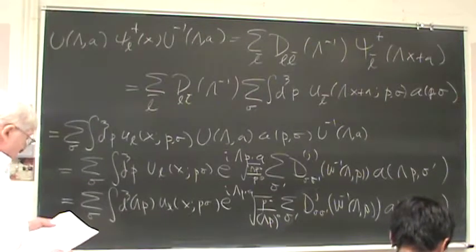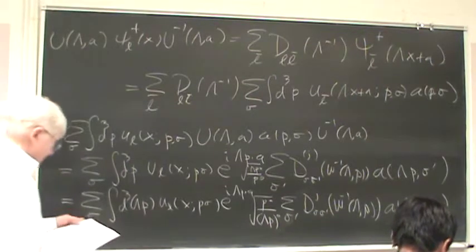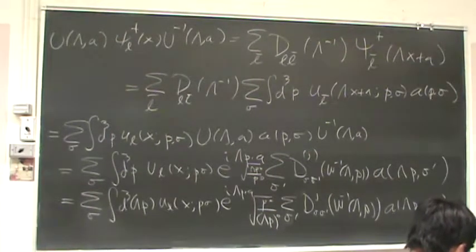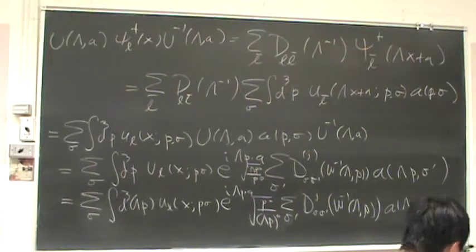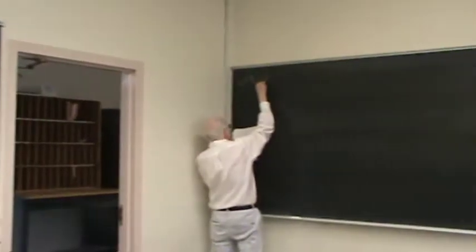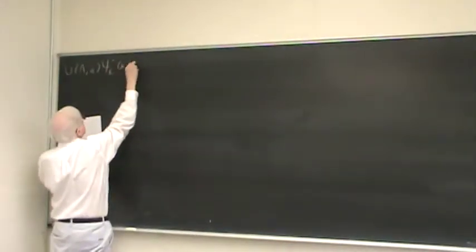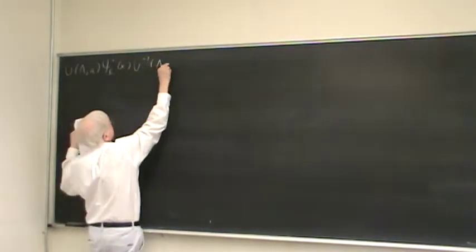The corresponding thing for the negative frequency part is U of lambda a, psi minus L of x, U inverse of lambda a.